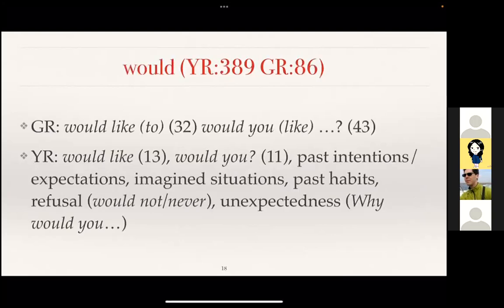"Would" is the last one I show here. In graded reader, even though it's not really low frequency, it has appeared in the graded reader corpus often, but the usage was limited only to "would like" or "would you like".